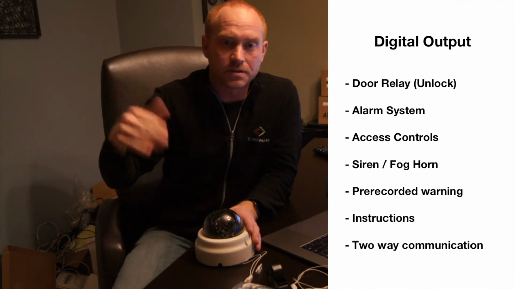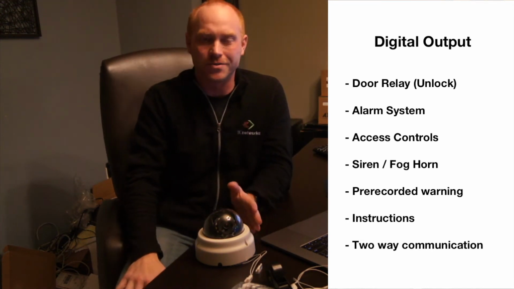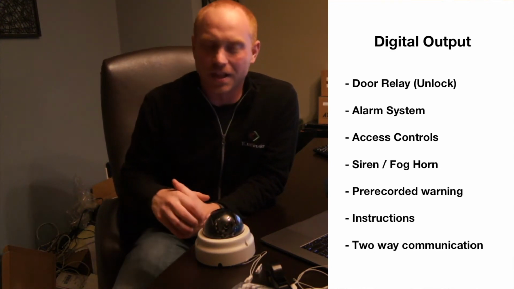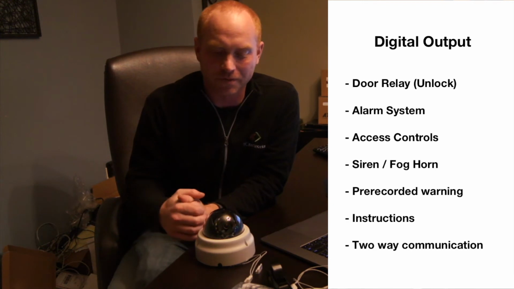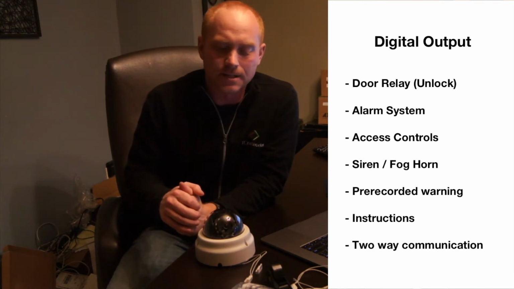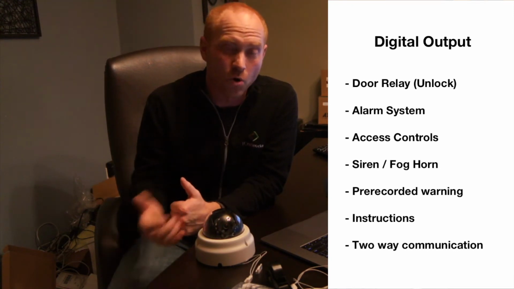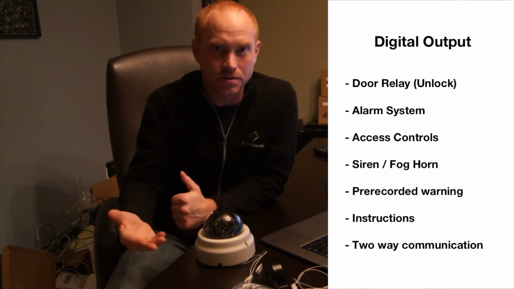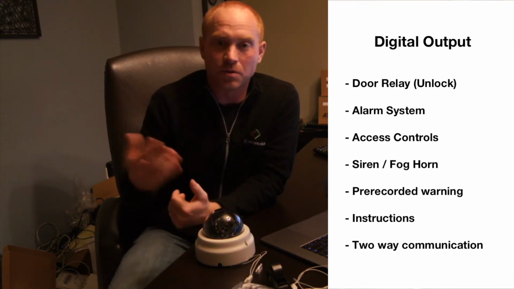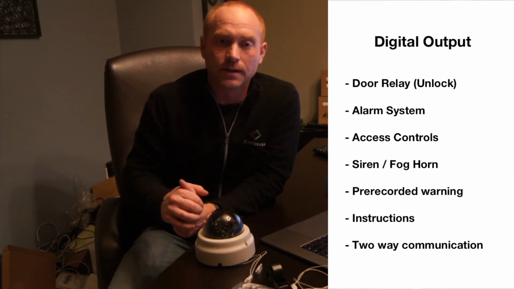The other scenario is just a siren or a foghorn, so if you wanted to blast someone with some sort of noise, or you could give a pre-recorded warning or instructions to someone, or you could even have live, two-way communication that way as well.